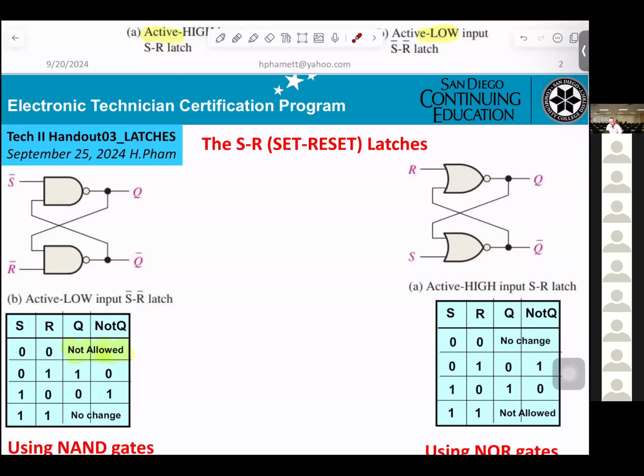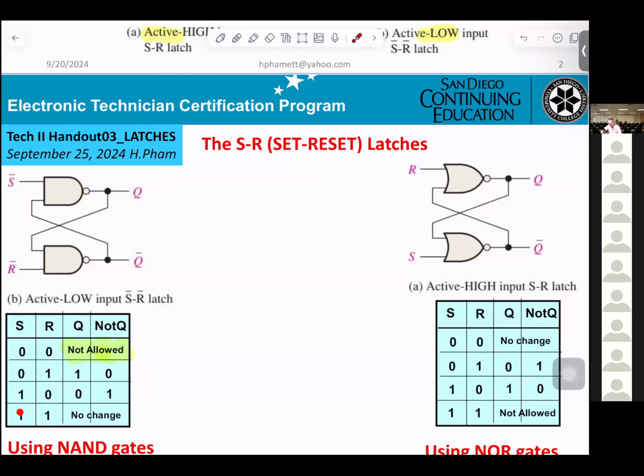That means not allowed. And if you get S 0, R 1, then Q is 1, not Q is 0. And if you get S equal 1, R 0, Q equals 0, not Q is 1.